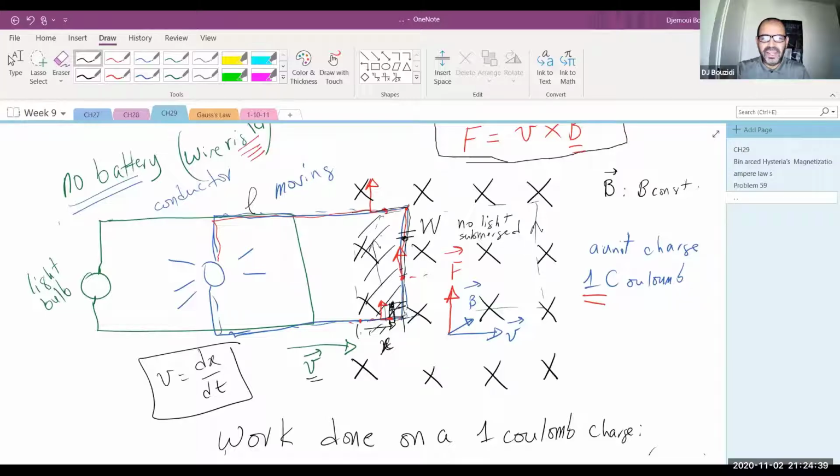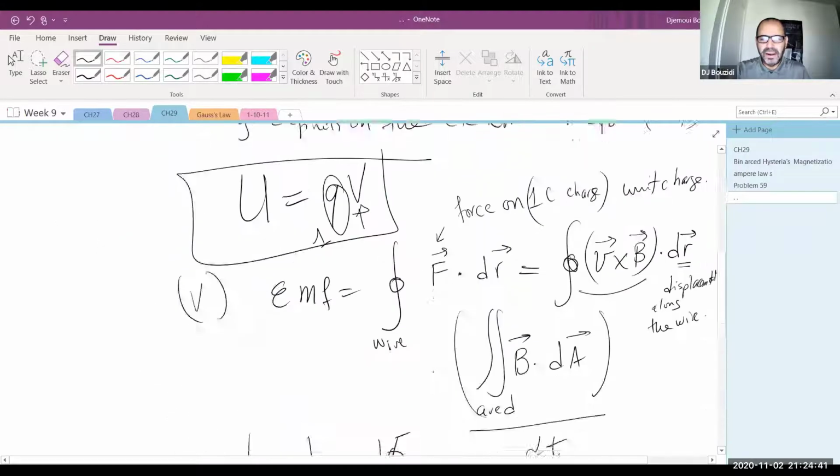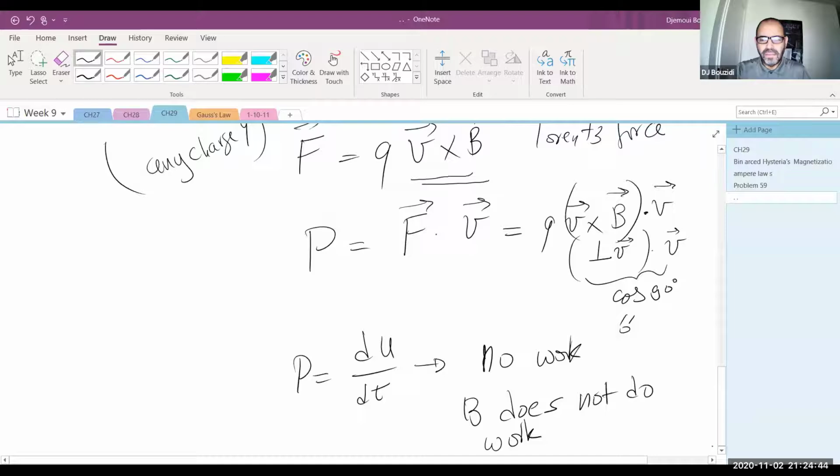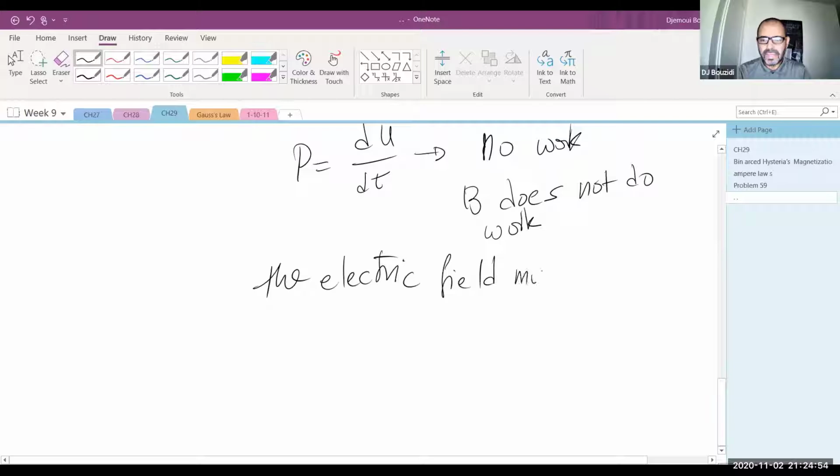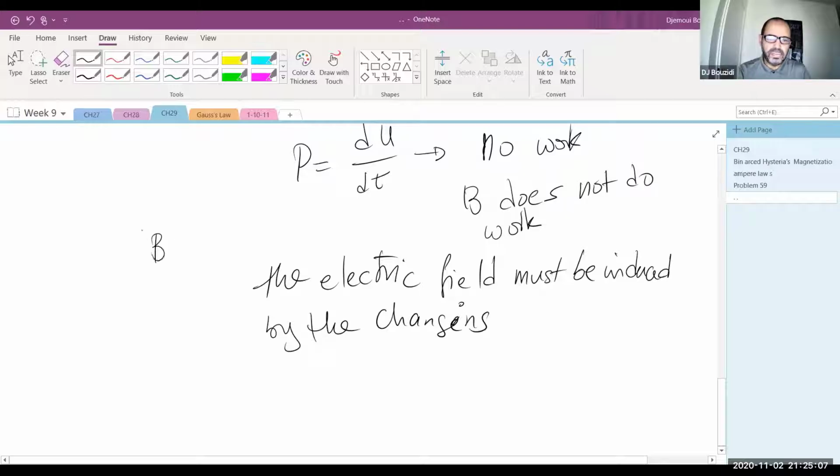And this electric field must be induced by the changing flux, because what happened in here, you have the flux, which is B times dA, by the way.